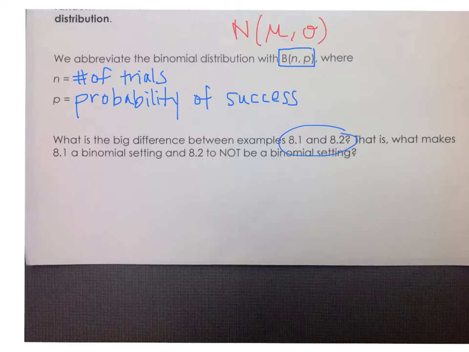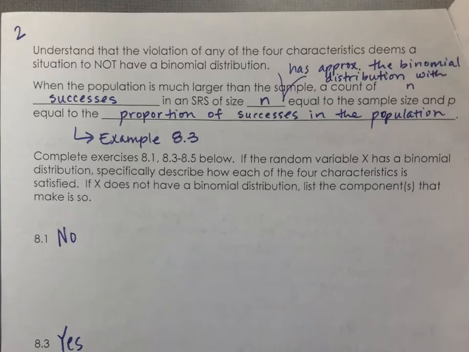You should conclude upon reading these examples that in 8.2, independence is violated because we are pulling cards from a deck without replacing them, whereas in 8.1, not only is independence satisfied, but the other 3 conditions are as well. So it's important that you understand any violation of the 4 characteristics deems a situation not to have a binomial distribution. And if this is the case, then we won't be able to use these calculations that we will go through in just a moment.